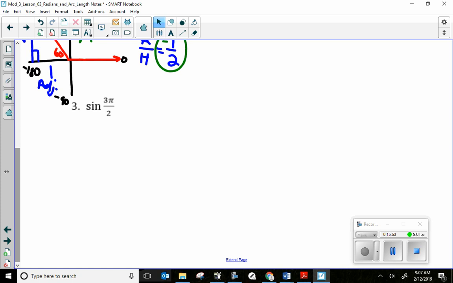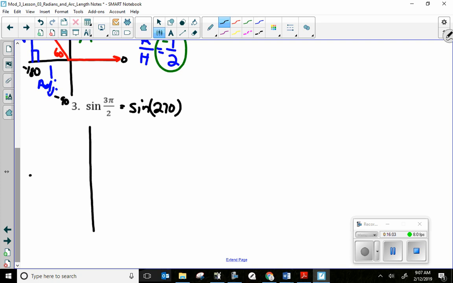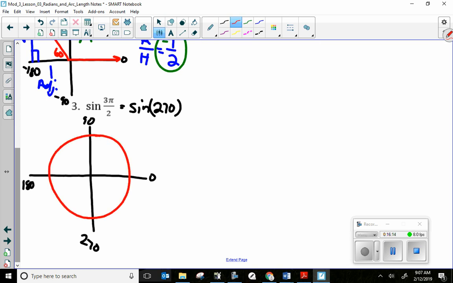Number 3. Love this one. This is the same thing as saying the sine of 270. That's a quadrantal angle, just an even 90 degrees. Here's 0 degrees, 90, 180, 270. If this were a unit circle with a radius of 1, this coordinate here would be 0, -1. That's my x and my y.